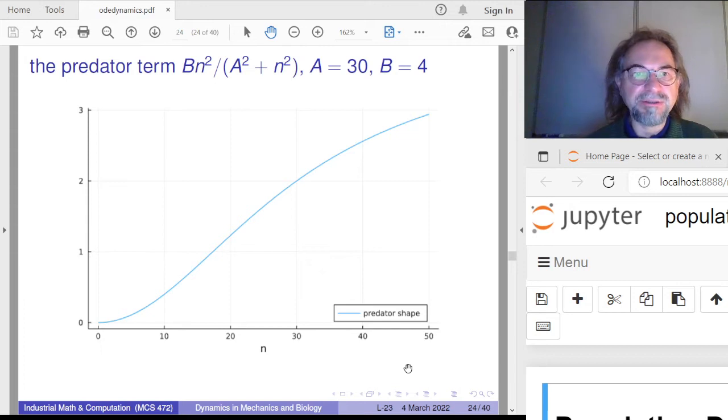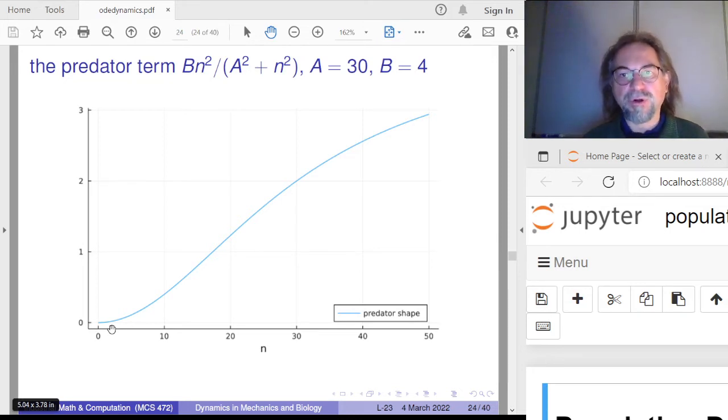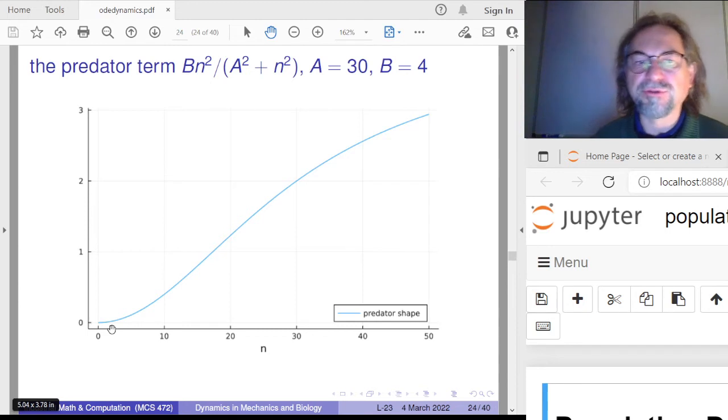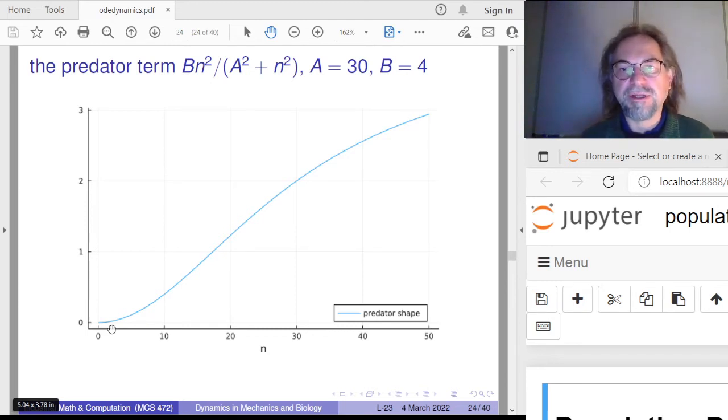Initially the predator term is very small because there are not many worms around and the birds simply don't notice them. Even at 10, when the size of the population is 10, it's not really noticeable, but then it picks up after 20 and steadily increases, and it starts to taper off after 30 and gets even smaller at 40.